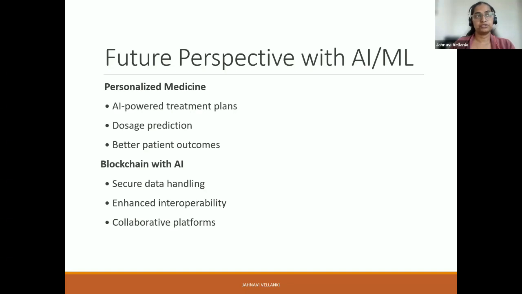Now, the other future that we can see with AI is the blockchain. The fusion of blockchain technology with AI is providing a transparent and secure system for data handling in healthcare. Because a lot of data is being transferred from one party to another, it is very important to have the transparency of blockchain technology.